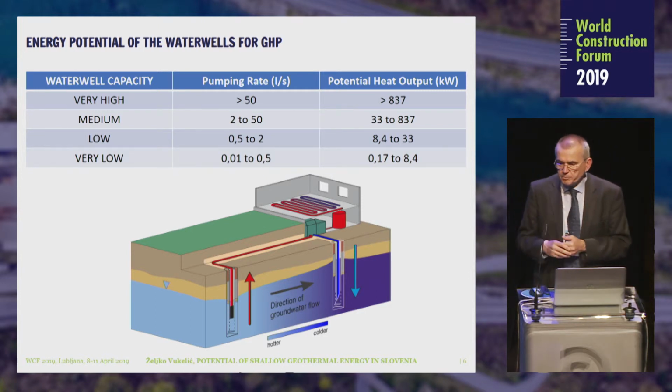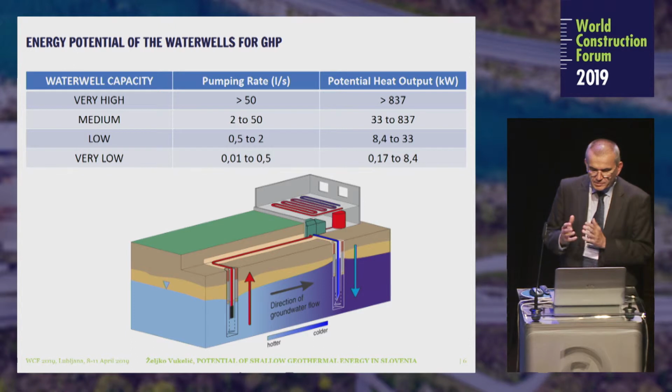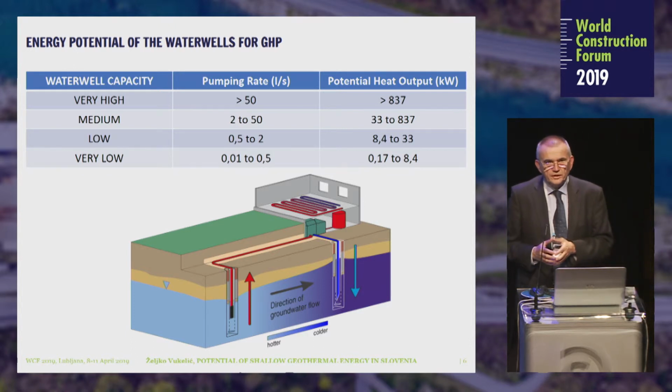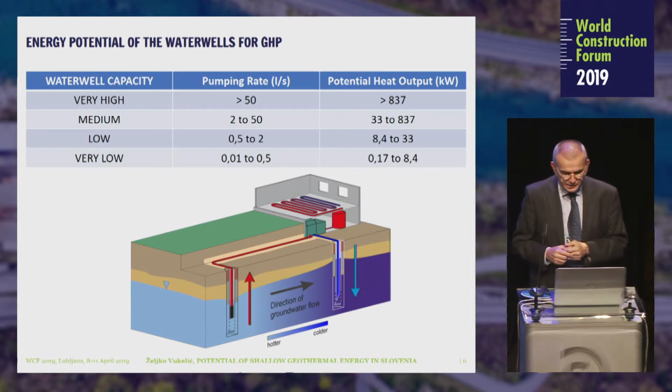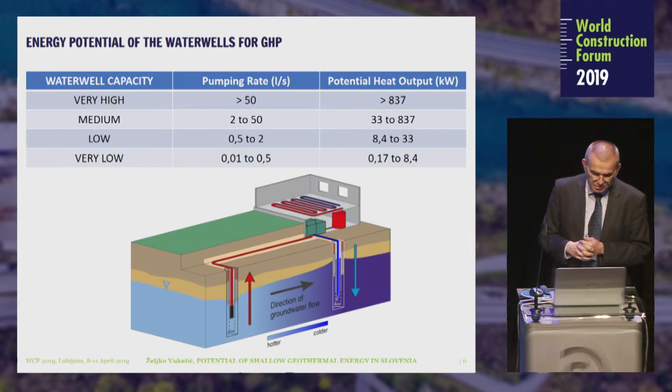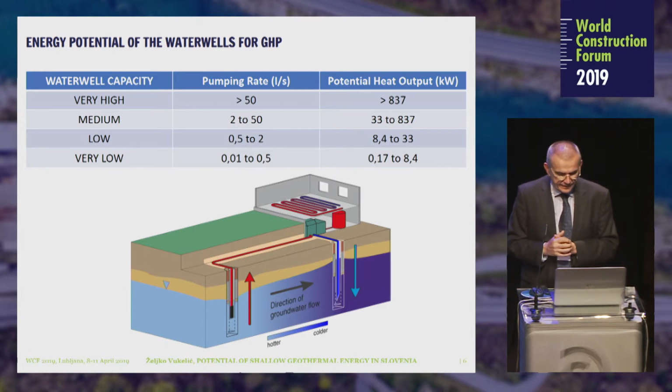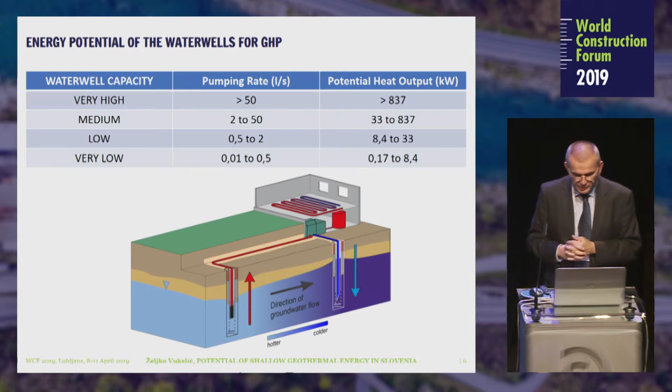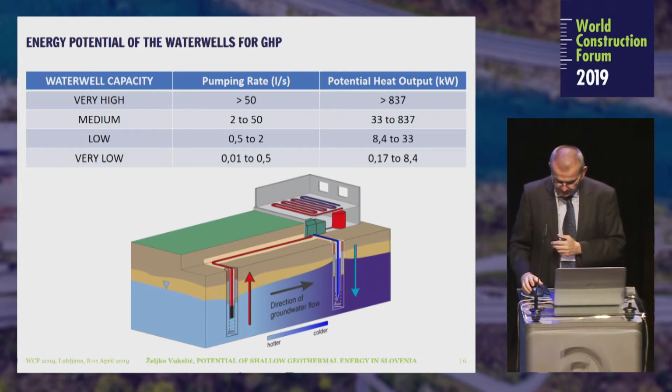And this is very important. So it's not limited to housing, not only private buildings. One good example we have near Maribor, where we have the potential of this energy of more than megawatts. Maybe this housing will be built in the near future.